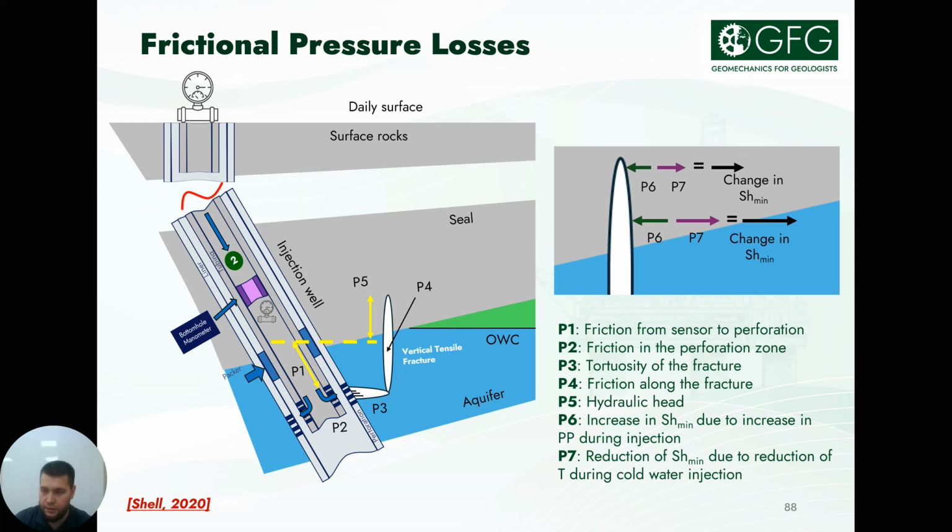Number 2, friction in the perforation zone. 3, tortuosity of the fracture. 4, friction along the fracture. 5, hydraulic head. 6, increase of SHmin due to increase in PP during injection. PP is the pore pressure. And 7, reduction of SHmin due to reduction of temperature during cold water injection.